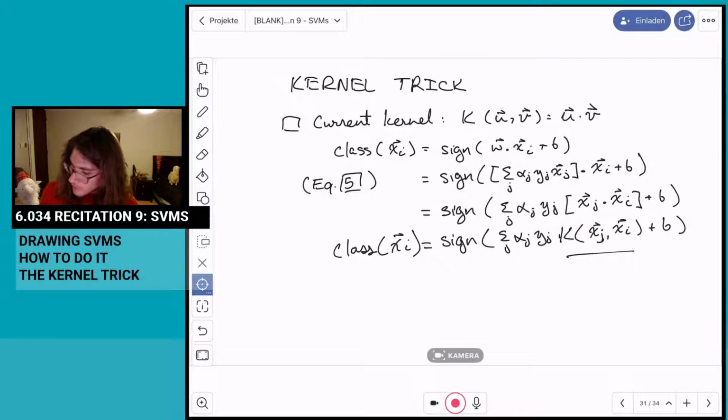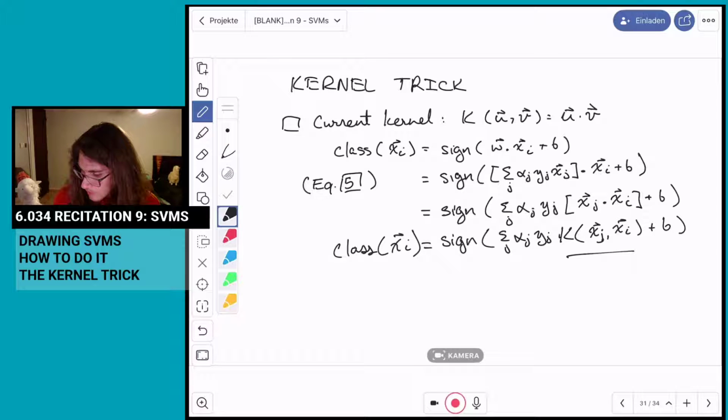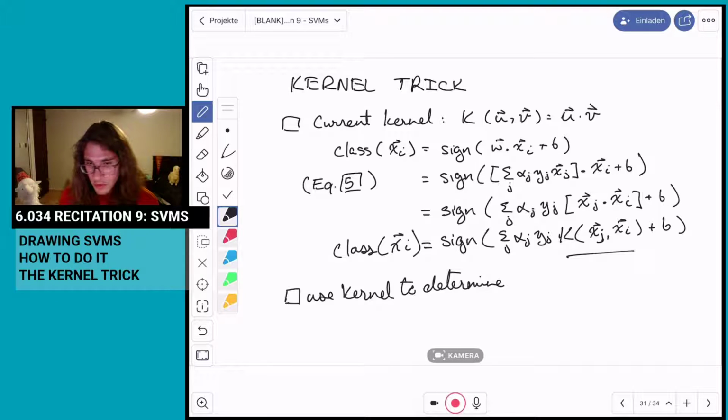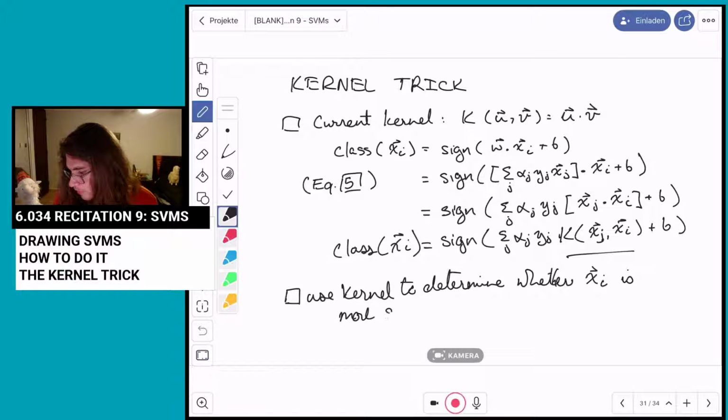So I'm doing dot products with all the other points, which means, and I'm going to write it out because this is the punchline, we're using the kernel to determine, at least the dot product kernel that we're using, whether xi is more similar to the positive points or the negative points.